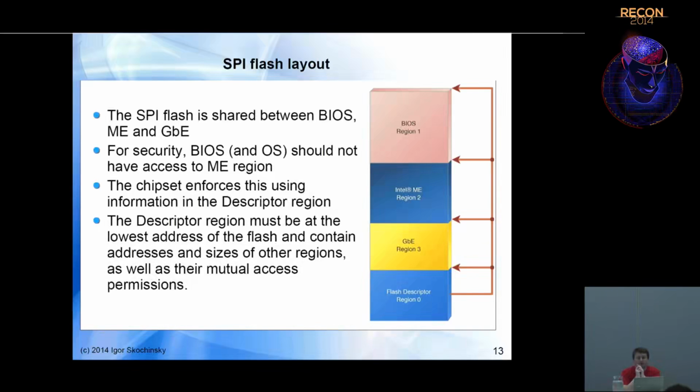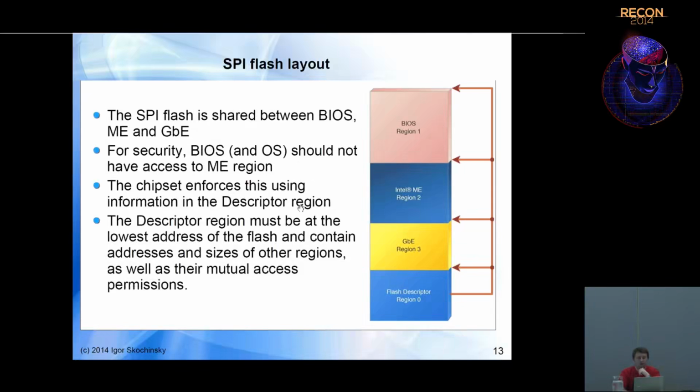So the BIOS firmware and ME firmware are stored together on the flash chip. Usually it's an SPI flash chip. And it contains firmware for BIOS, for Intel ME, for the Ethernet card.